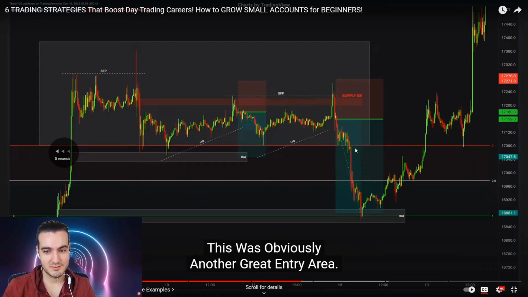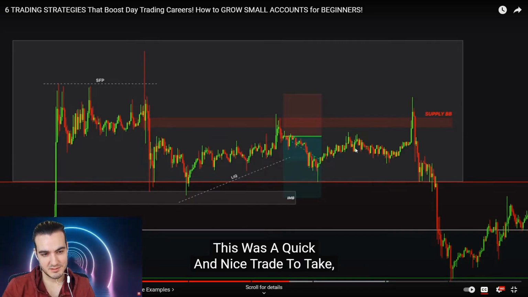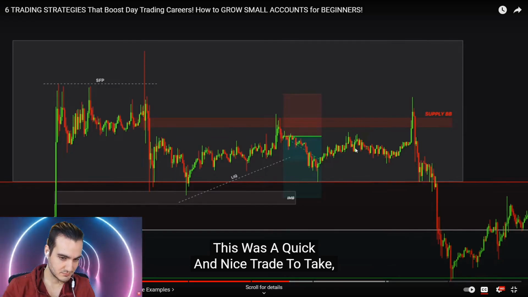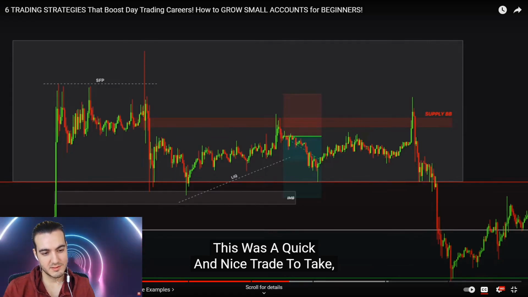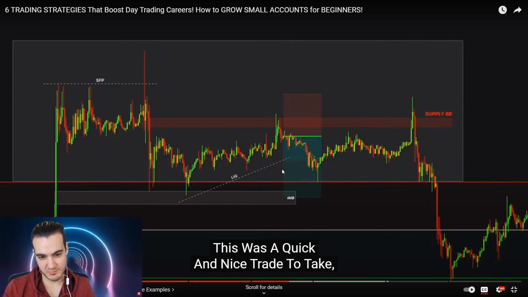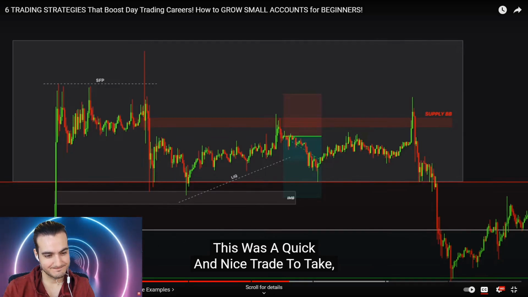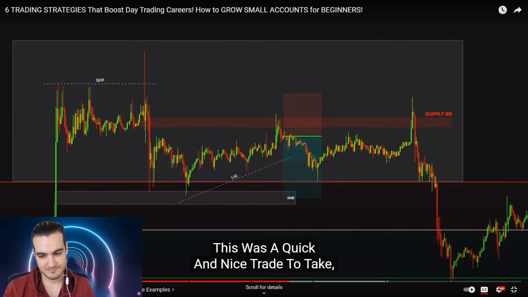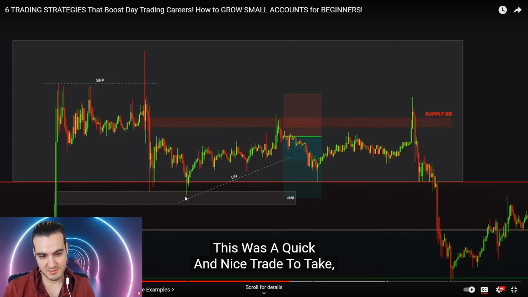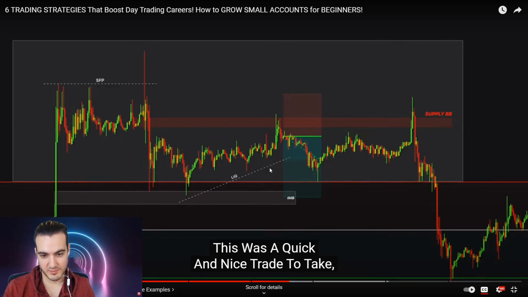Okay, so what did I learn from that? Hunted liquidity, forming liquidity, and imbalances. He only draws the imbalance here because at this point, half of it's already been eaten up. Here we have those higher lows forming that magnet.